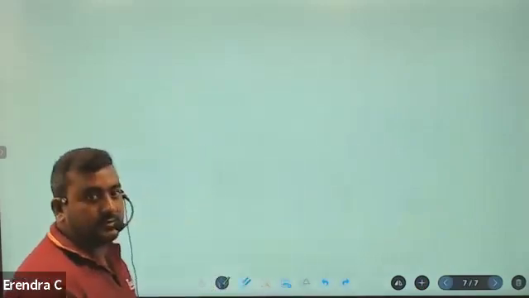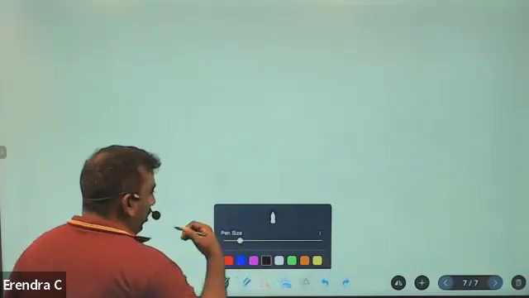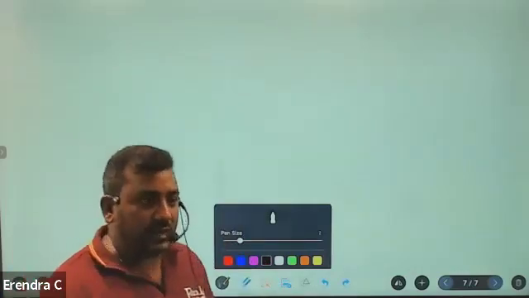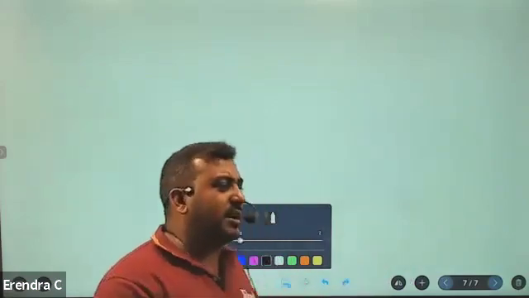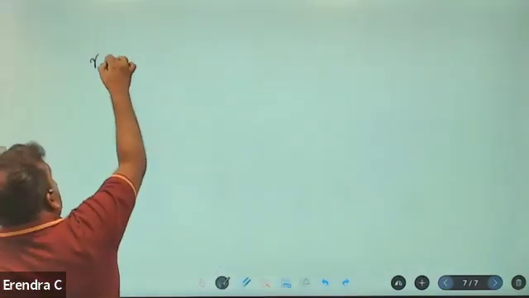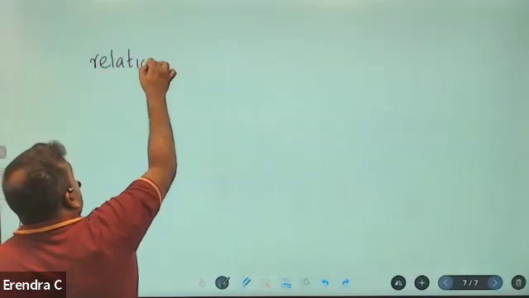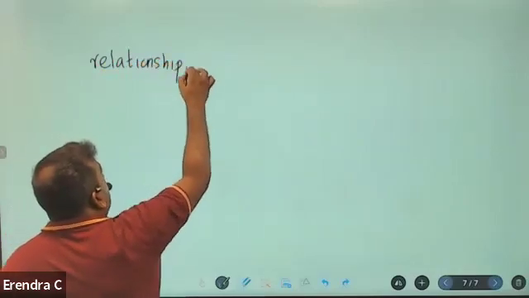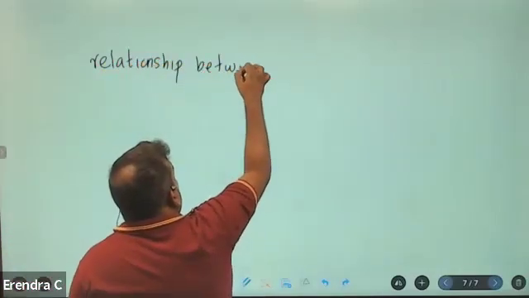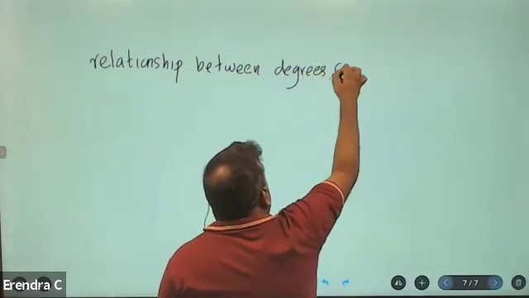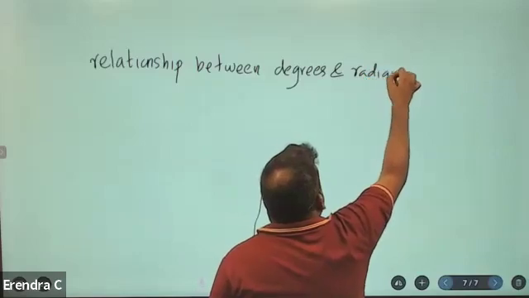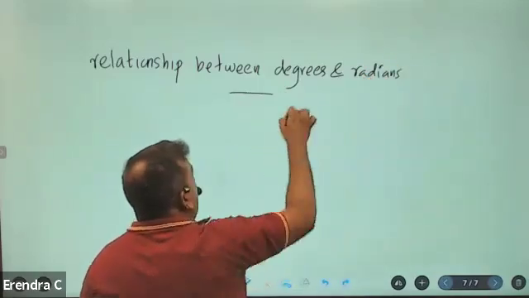Now look at this. All your life you have been measuring angles using what? Degrees. Now, what is this new unit called? Radians. Well, there's a small relationship between degrees and radians.